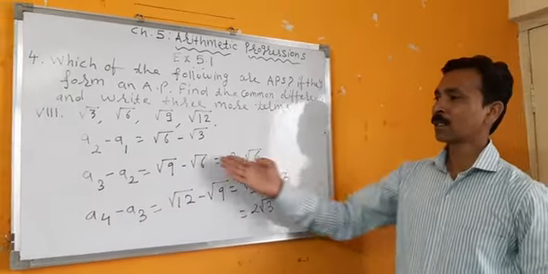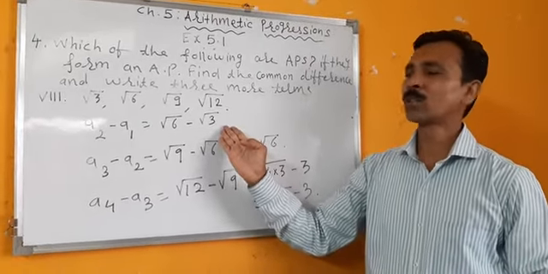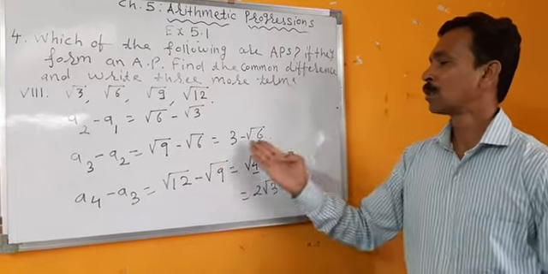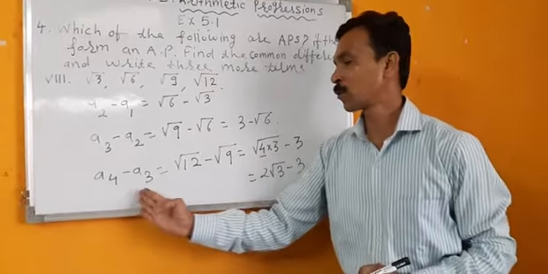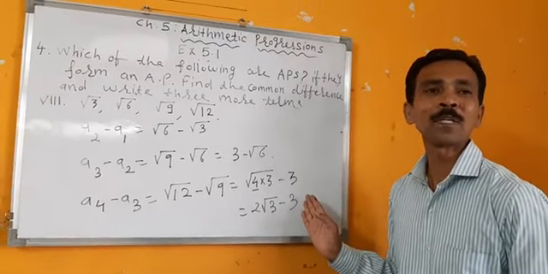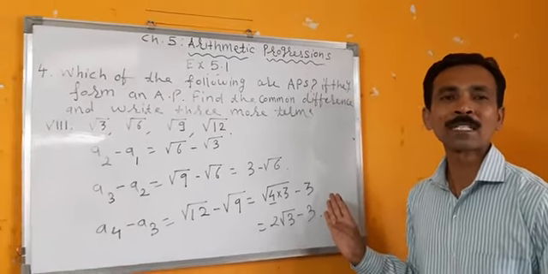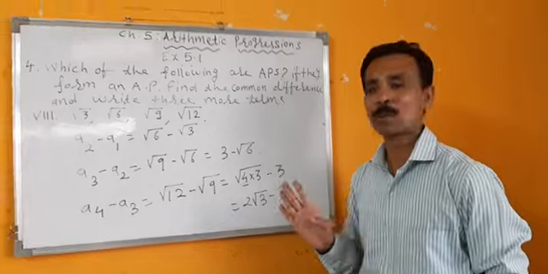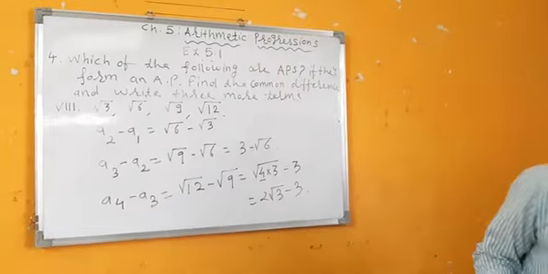Now look at it. What is A2 minus A1? Root 3. What is A3 minus A2? 3 minus root 6. What is A4 minus A3? 2 root 3 minus 3. Is the common difference same? No. When the common difference is not same, the series does not form an AP. So what I will write here?